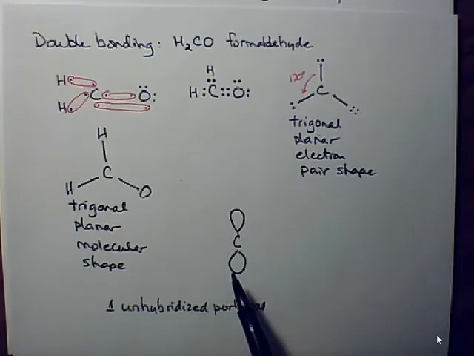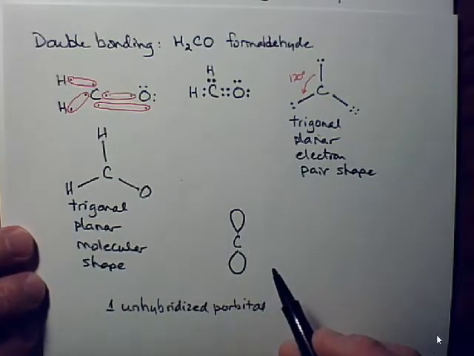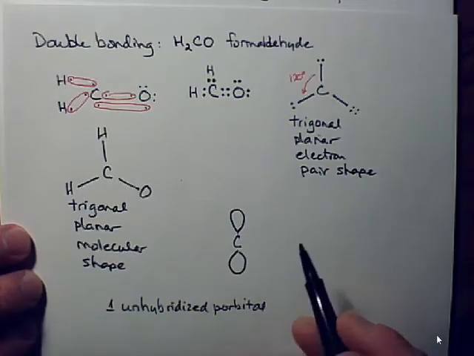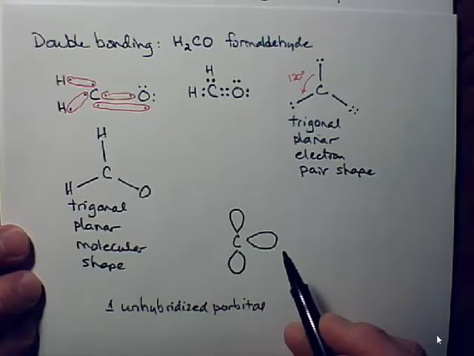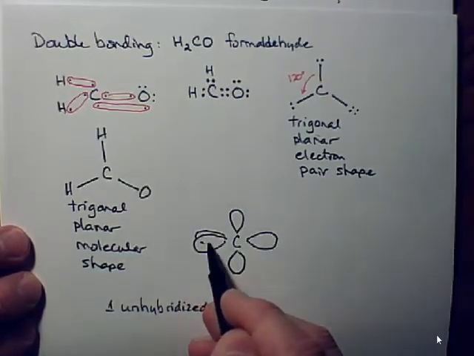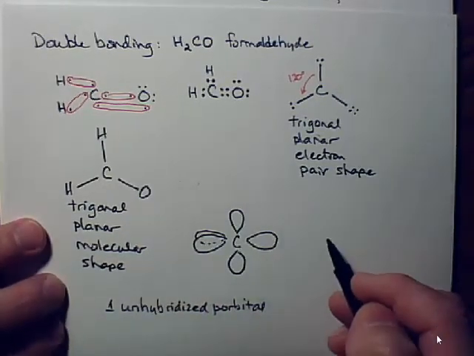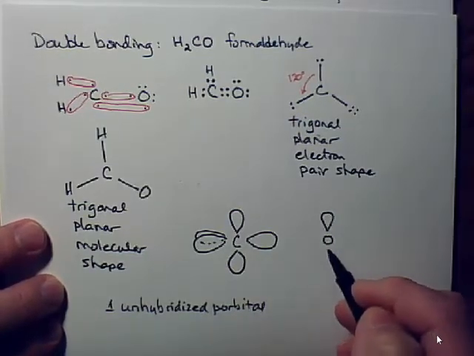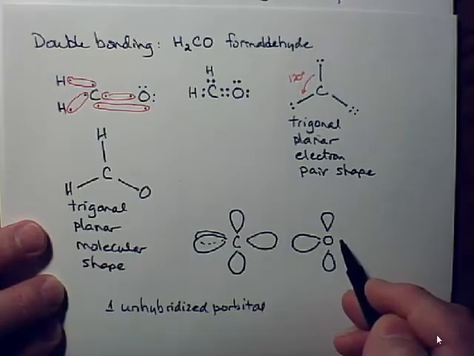All right? Now, a hybridized orbital actually ends up looking like a single balloon. So what's going to happen is we're going to have a hybridized orbital coming out like this. We're going to have 2 hybridized orbitals kind of one behind the other back here. We'll talk more about this with the balloon shapes on Monday. And the oxygen does the same thing. You've got a p orbital that's unhybridized. You've got a hybridized orbital coming this way.